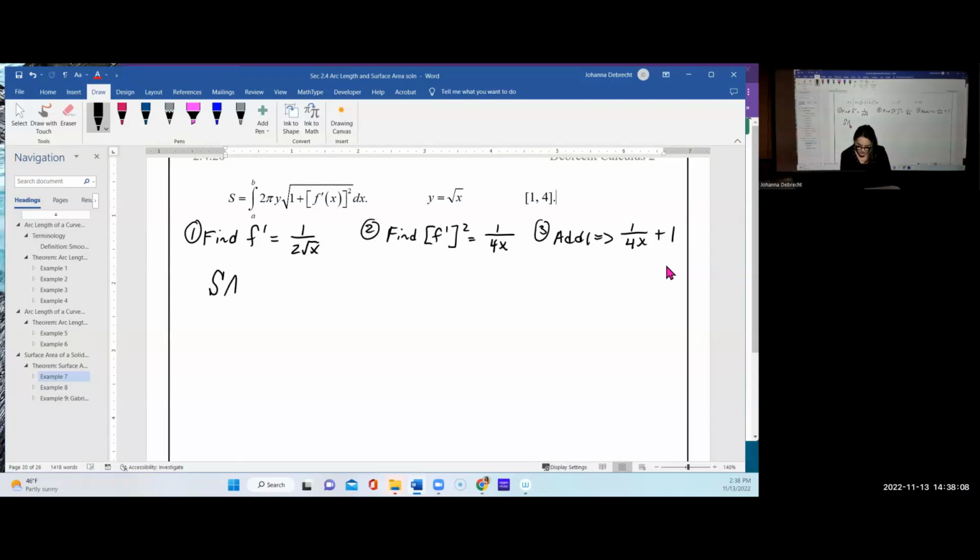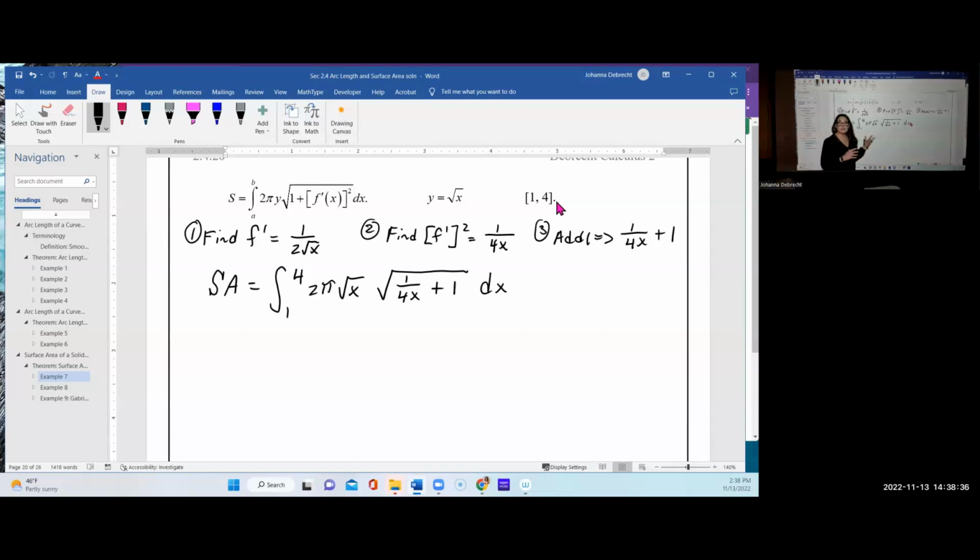So the surface area, which I usually use SA for, is going to be the integral from 1 to 4. And then we're going to have 2 pi times the radius. The radius is the function value itself, so square root of x, times the square root of 1 over 4x plus 1, integrated with respect to x.